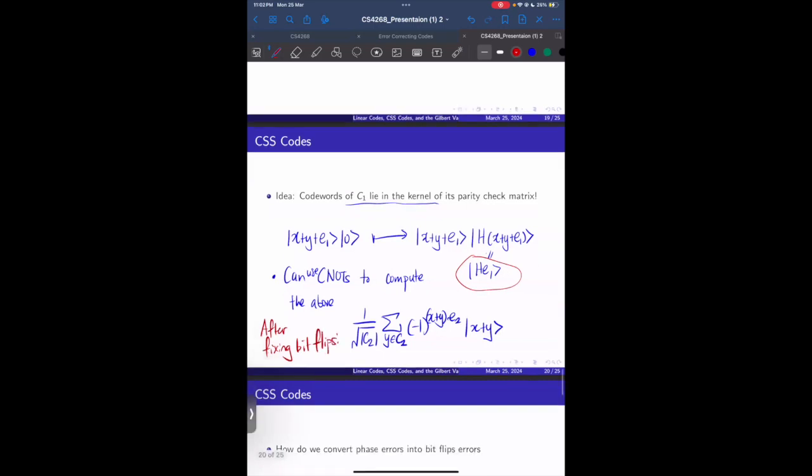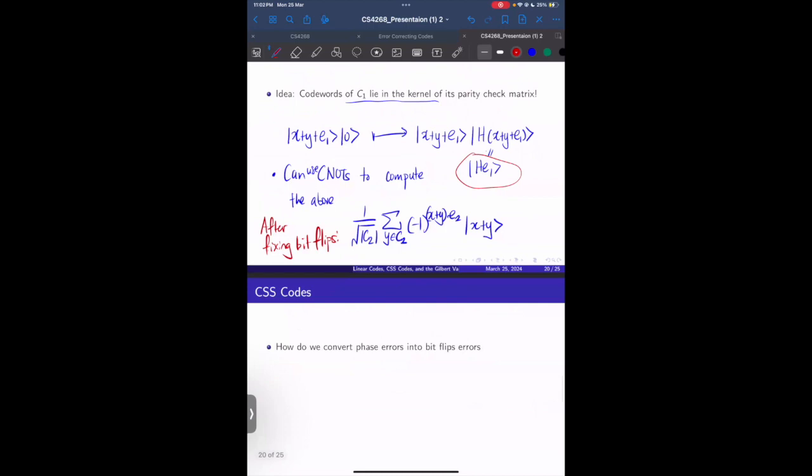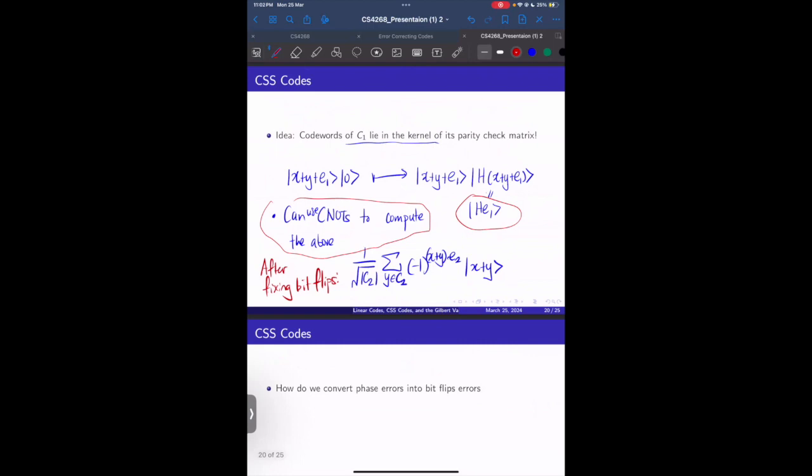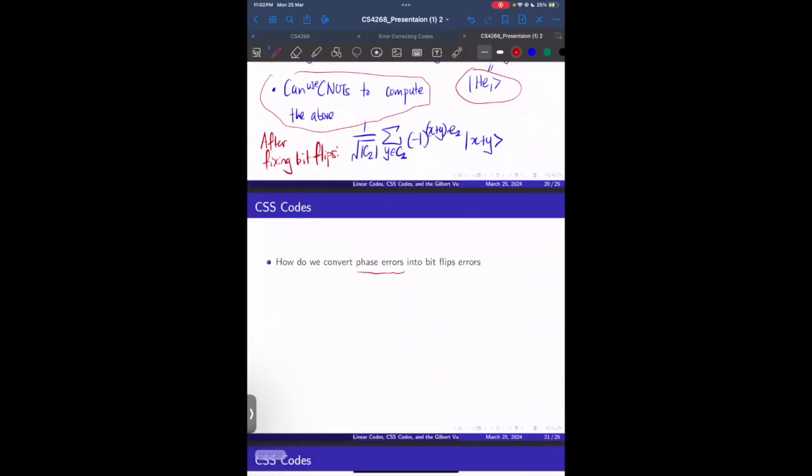Now the question is, we already know, at least from the above, pretend that we knew exactly how to use the CNOTs to compute the parity check matrix, which we can. Suppose we have this in our hand already. Then how do we correct the phase errors? Well, we can think of phase errors as just bit flip errors in another basis, right?